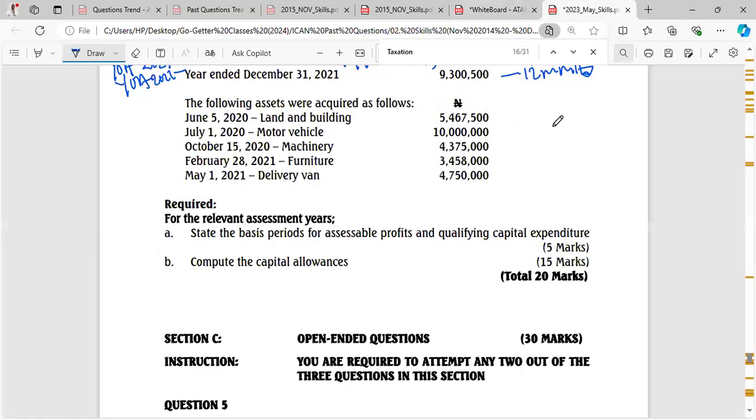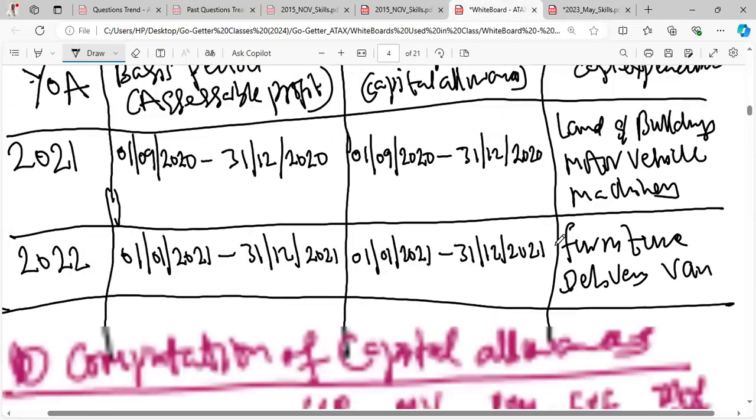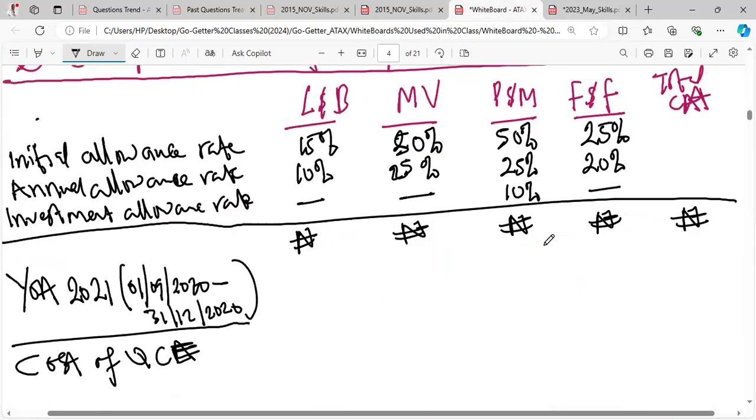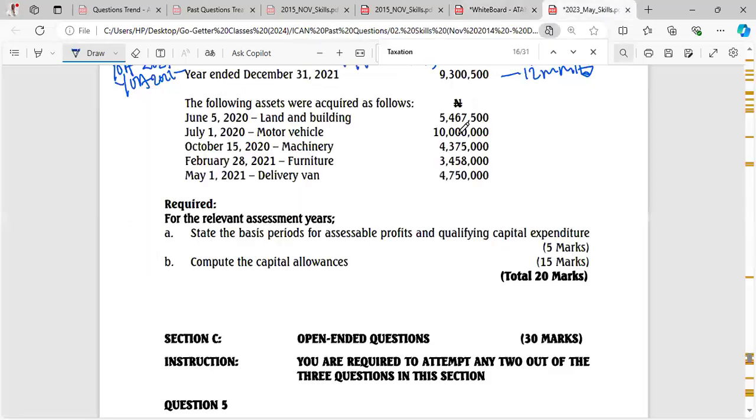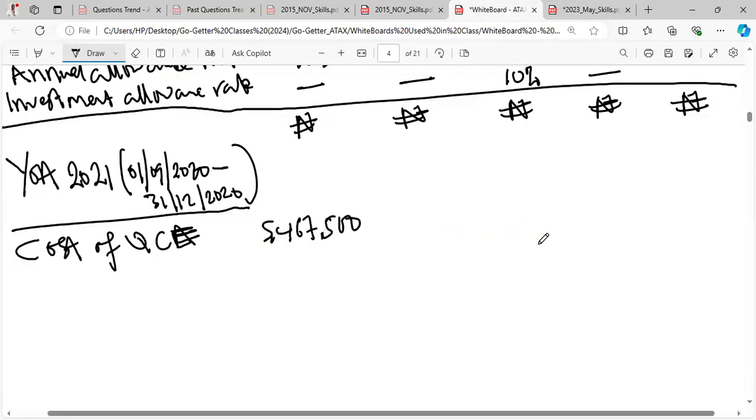Land and building is 5,467,500. Motor vehicle is 10 million.